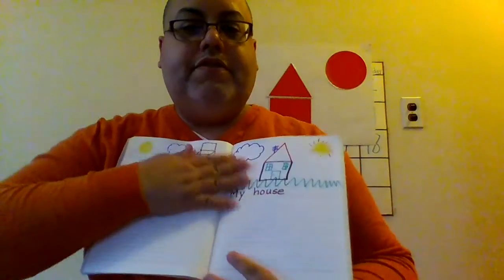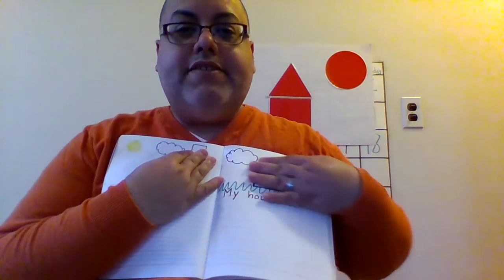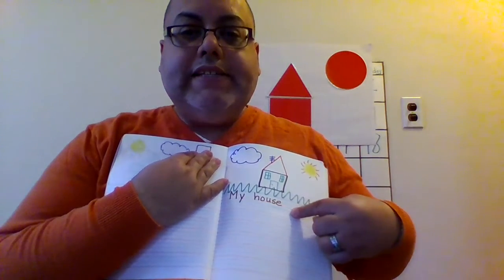So now, what I want you to do is take out your journal, draw a drawing like I did yesterday, all right? And make sure you are drawing in the section that has no lines and you're writing on the lines.